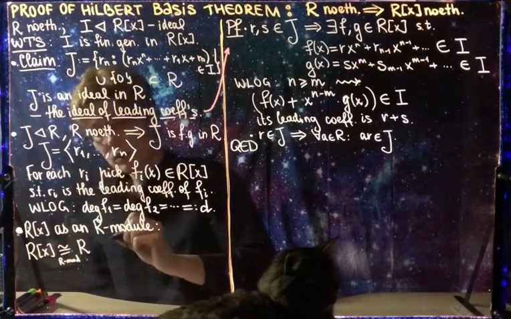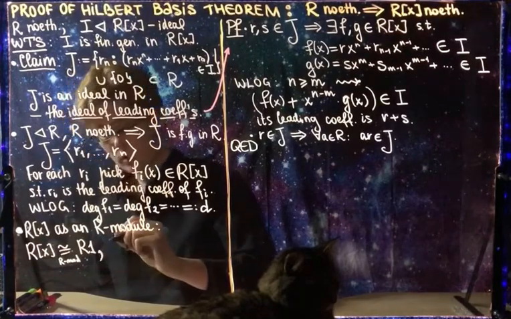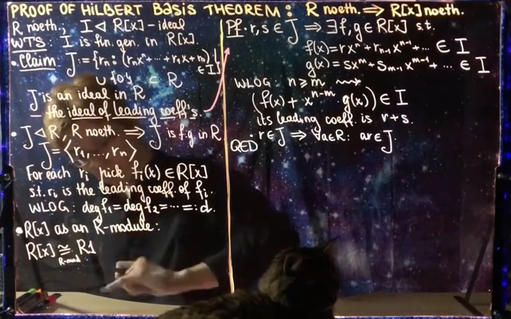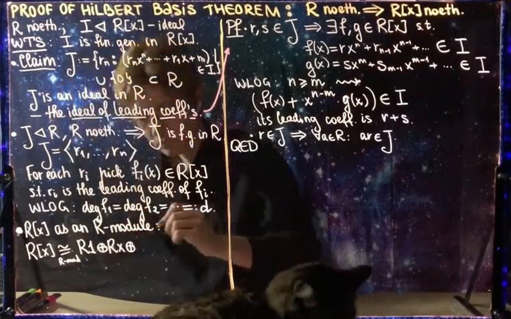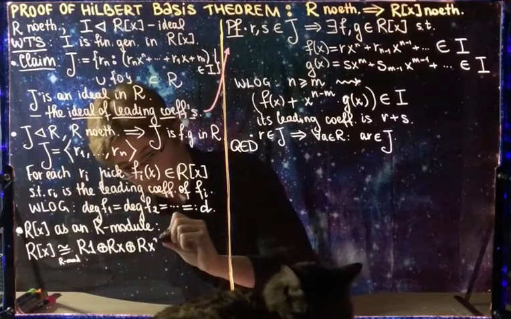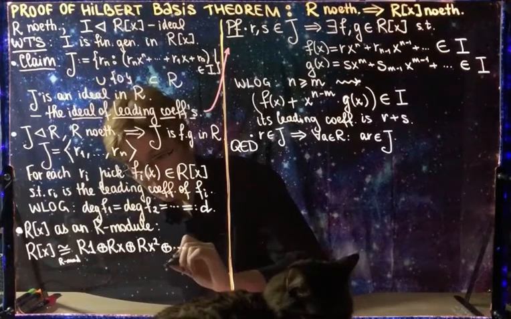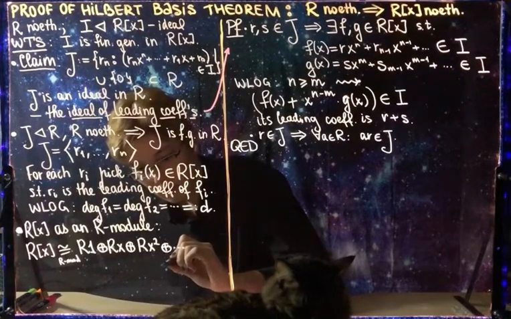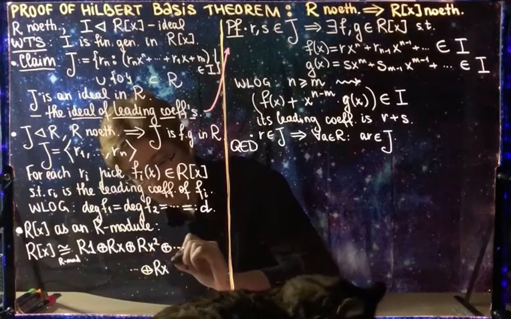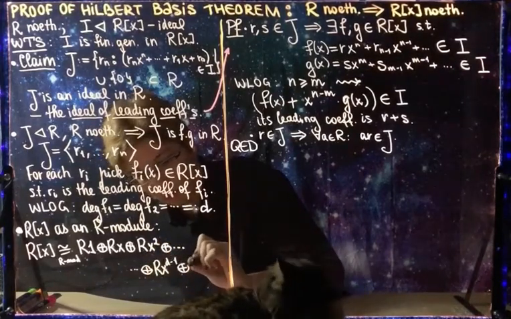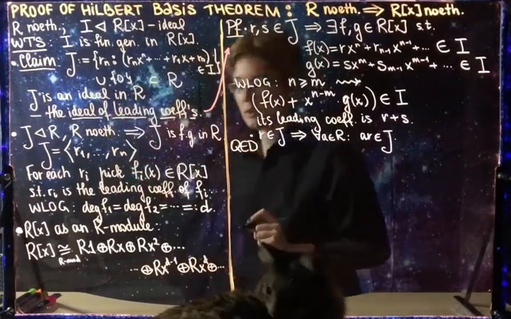It is a free module generated by the element 1, the constant polynomial 1, x, x squared, etc. So let me write here: R1 plus Rx plus etc. plus Rx to the power d minus 1 plus Rx to the power d, etc.